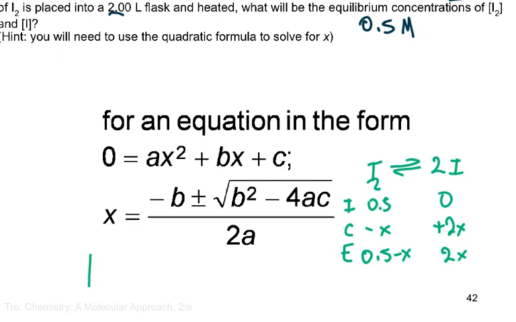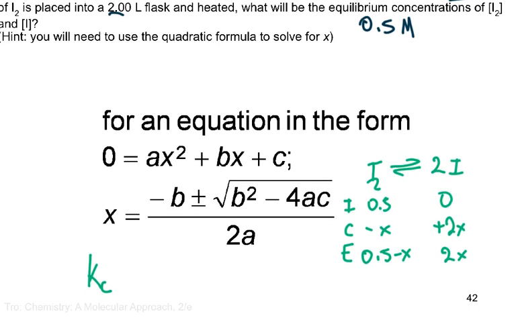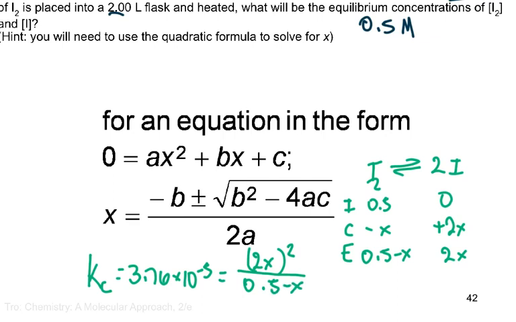Then for my Kc, 3.76 times 10 to the minus 5, that's going to be my product, 2x squared, over my reactant, 0.5 minus x. And you can see there that now I'm going to have an x squared, so I would need to use my quadratic to solve it all the way. But for this class, all you need to do is get to here.